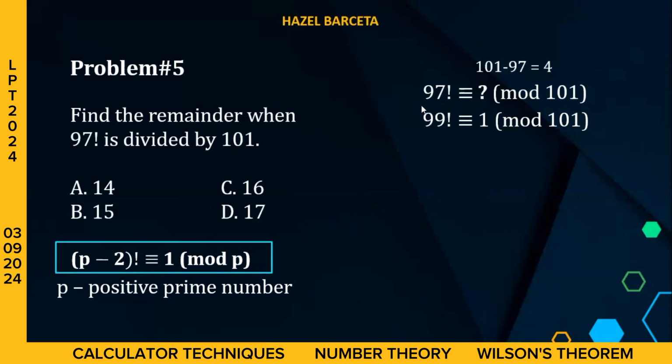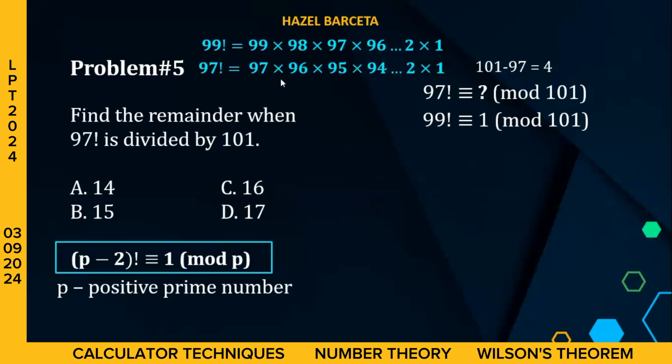Now, paano po natin mapapalabas ang ating problem? Ito po. Di ba po ang 99 factorial ay nangangahulugan ng 99 times 98 times 97 times 96 hanggang times 2 times 1? Opo. So, ang ating 97 factorial naman ay 97 times 96 times 95 times 94 hanggang umabot po tayo sa times 2 times 1.